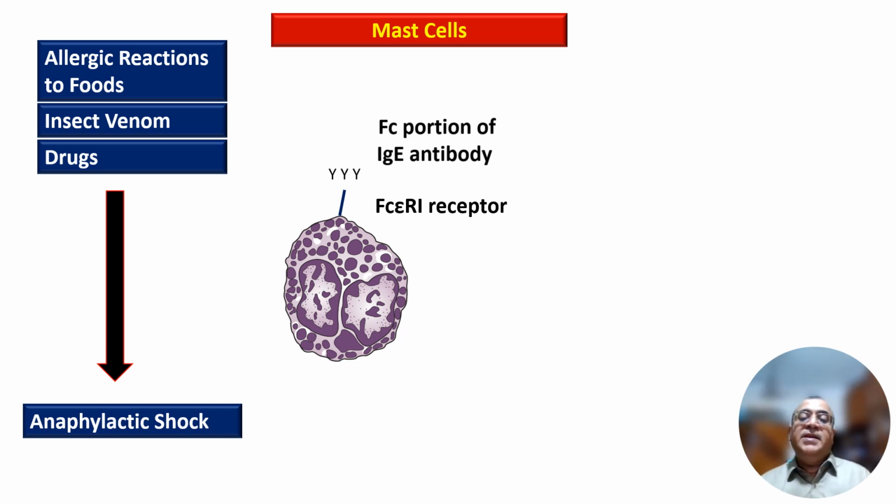Whenever there is interaction of IgE antibody with Fc epsilon R1 receptor, the mast cell degranulates, and there is secretion of a plethora of enzymes that result in either urticaria, that is a localized reaction, or severe systemic reaction, that is anaphylactic shock. So the conditions that cause this state are allergic reaction to food, insect venom, and various drugs.